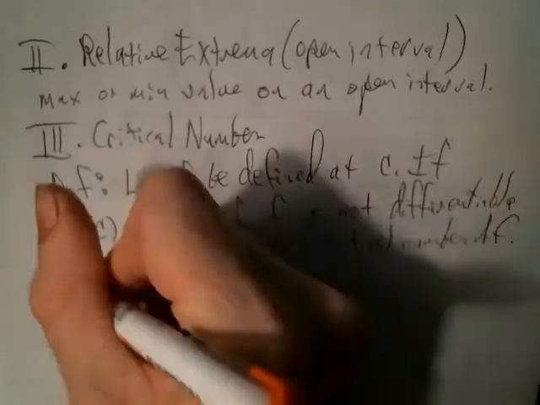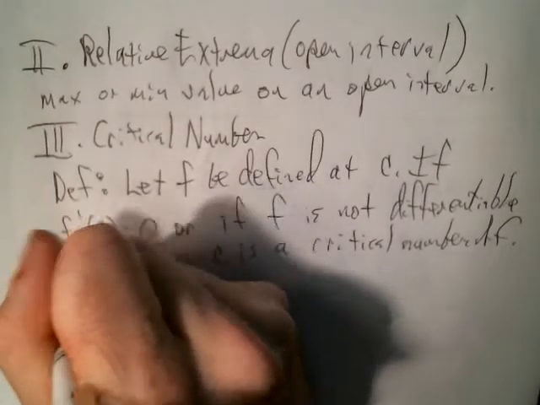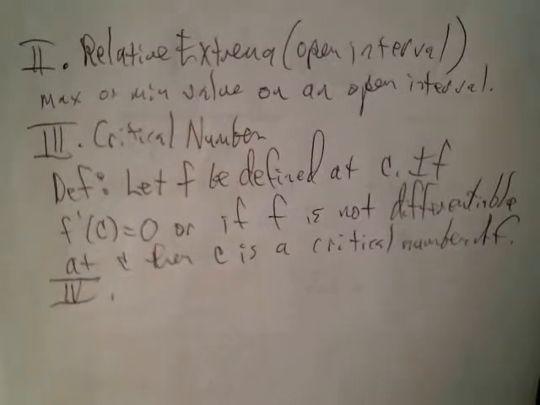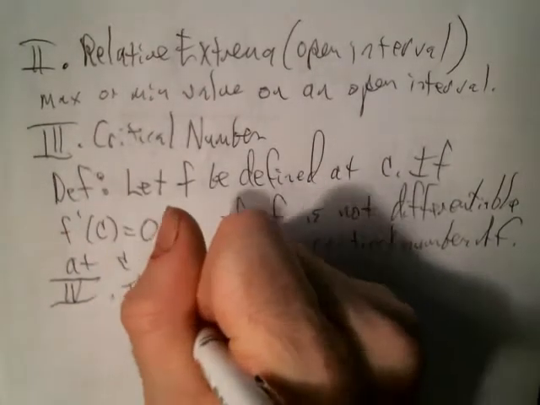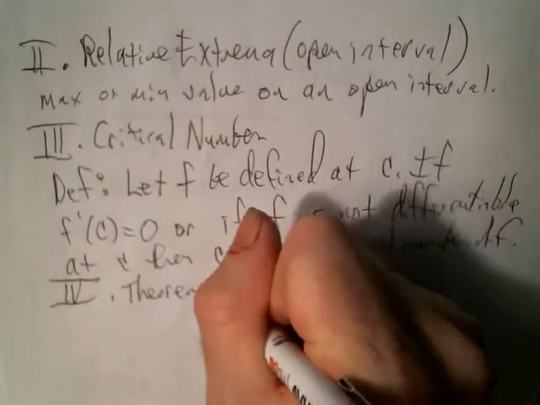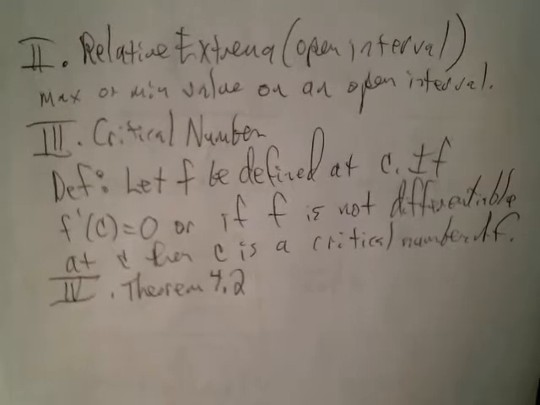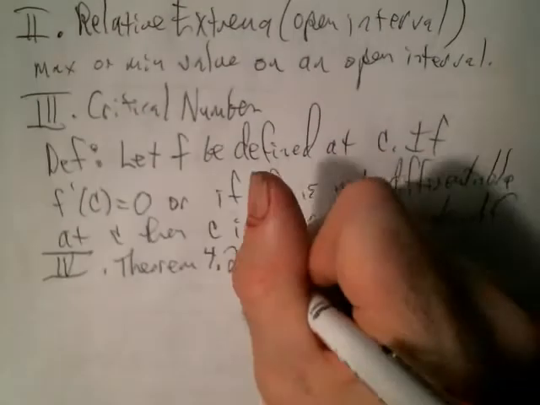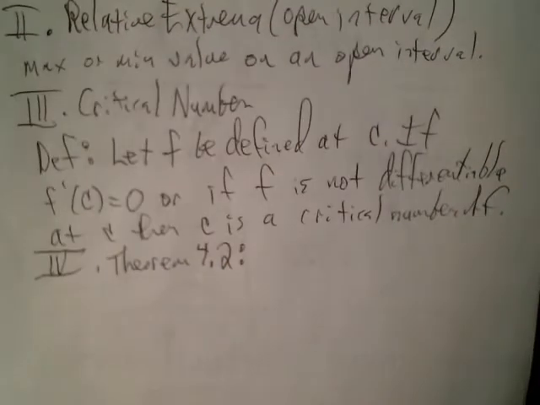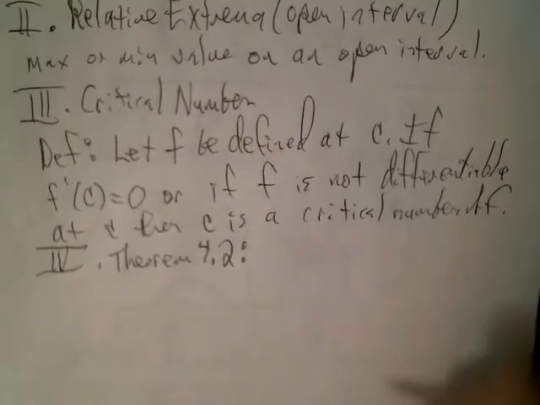of f. Okay. Then we have this theorem 4.2, which basically says if f has a relative max or min, then it's going to occur at a critical number, okay? Which is why we're going through here and finding the critical numbers in the first place, because we want to identify maxes and mins.